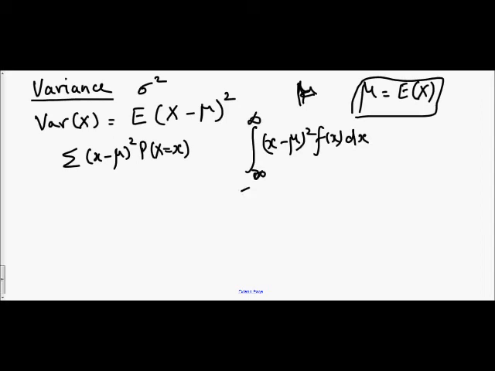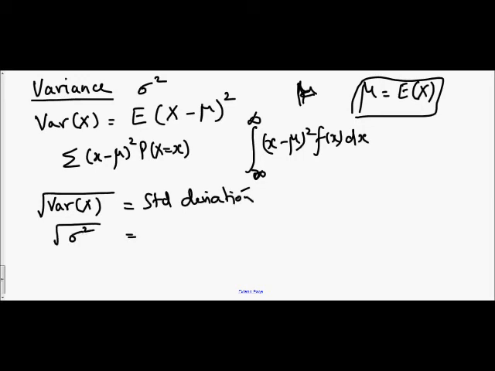The square root of the variance of x is given a special name, standard deviation. And the notation, of course, you would have noticed, is the square root of sigma squared. Therefore the notation for standard deviation is sigma.